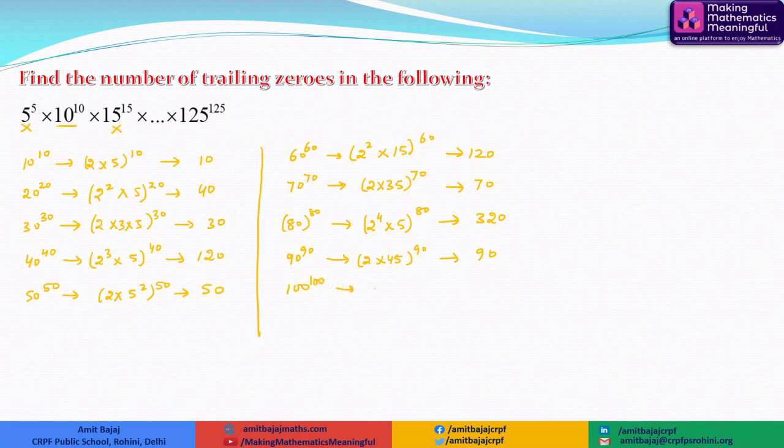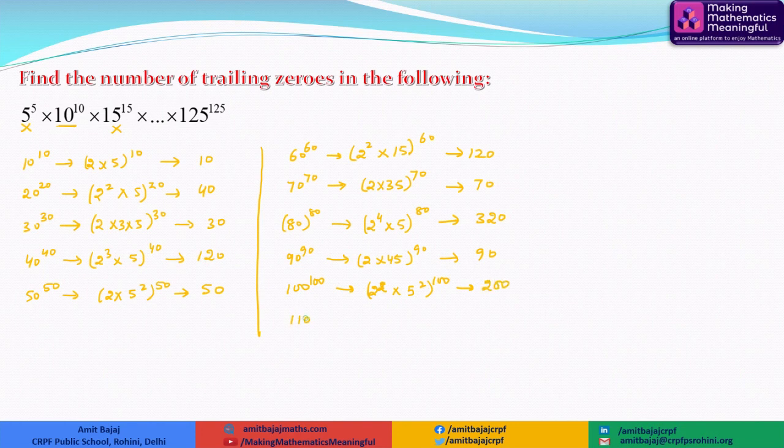100 power 100, 2 power 2 into 5 power 2 into 100, which will contribute to, sorry, this is 2 power 2, so that will contribute to 200 zeros.